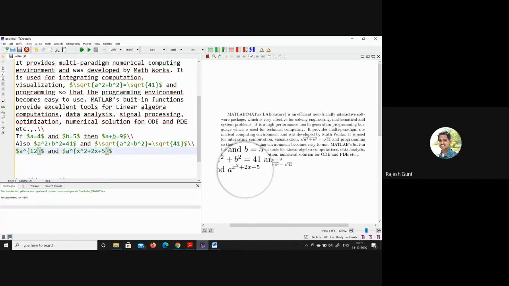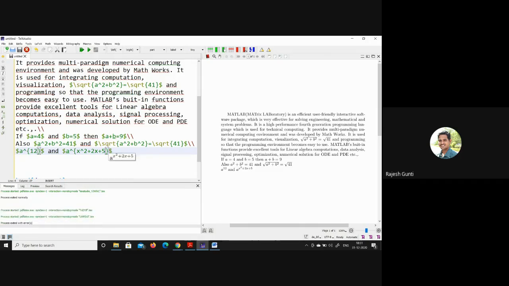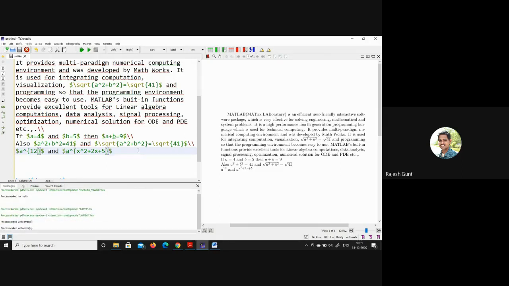This is the way of taking suffix values in LaTeX. If the suffix contains more than one term, we have to take curly braces, and in between the curly braces we have to give the entire term.